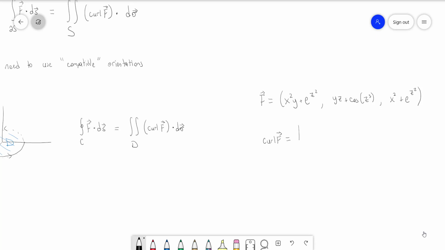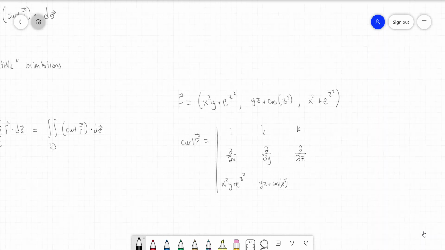All right, so to compute the curl of f, remember that was a sort of cross product thing. So we do i, j, k, and then we write down the partial derivative operators for the second row. And here I will write down the components of f for the final row. And then we'll evaluate this determinant to get the curl. So the first component is going to be 0 minus, so I'm doing the partial with respect to z here, so it'll be minus y.